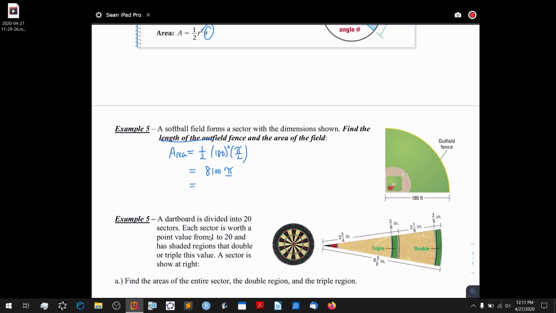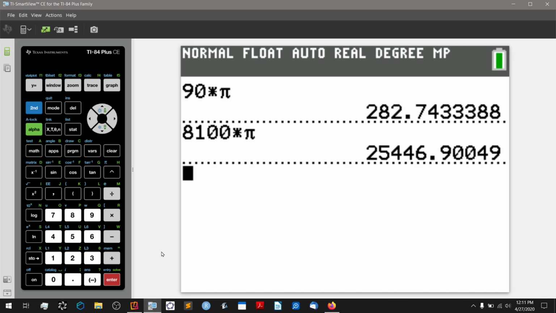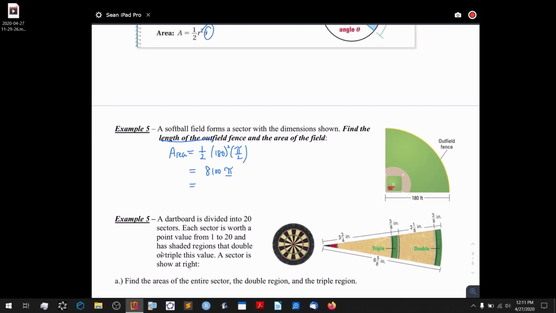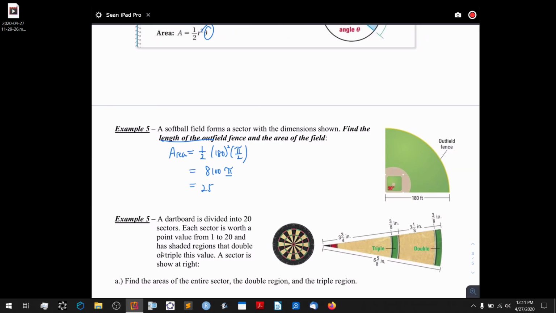And again, this means basically 3.14. So on your calculator, you'll type 8100 times pi like this. Okay, and you'll get about 25,446.9 square feet.